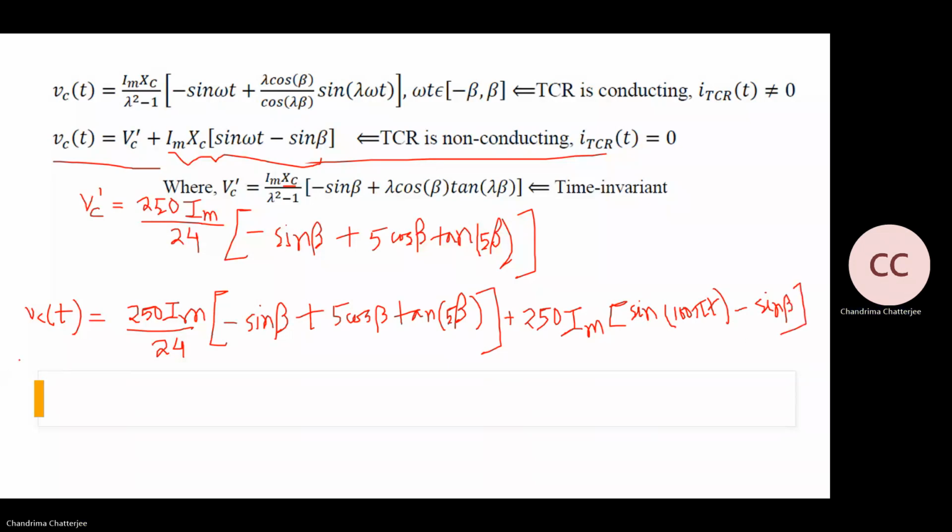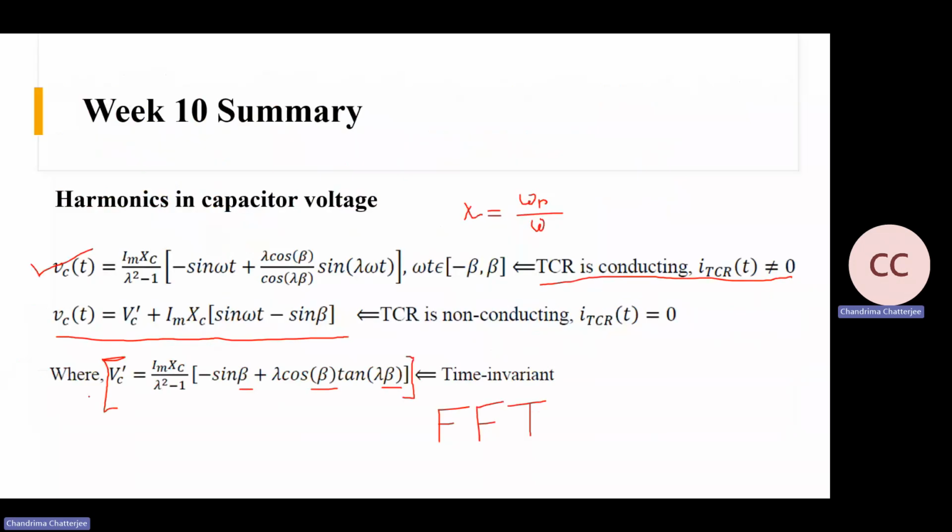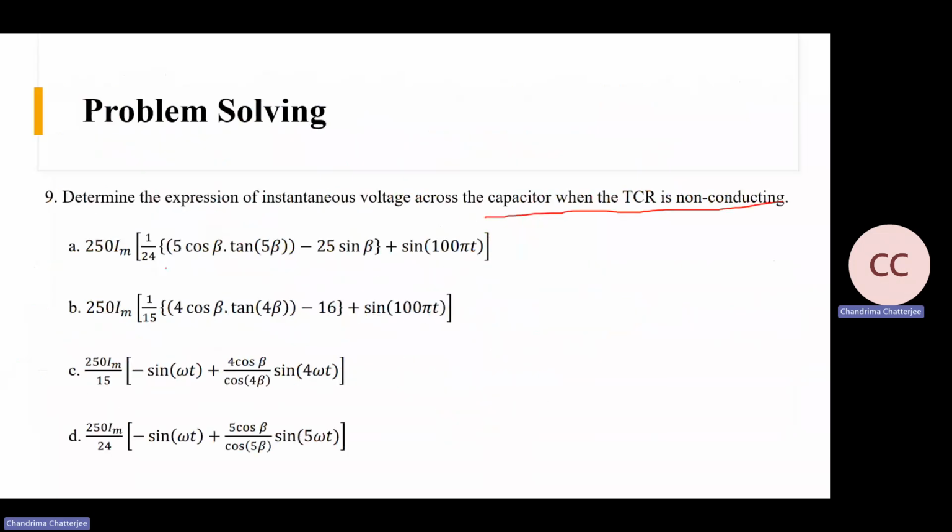Right? So you see here 250 Im is there, here 250 Im. So we can take 250 Im common. And then this will be 1 by 24 of this part, and here it will be sine 100 pi t minus sine beta. Okay. So let's see which one we are getting.